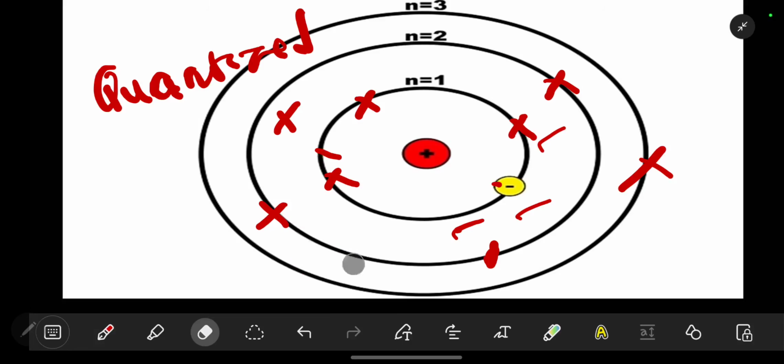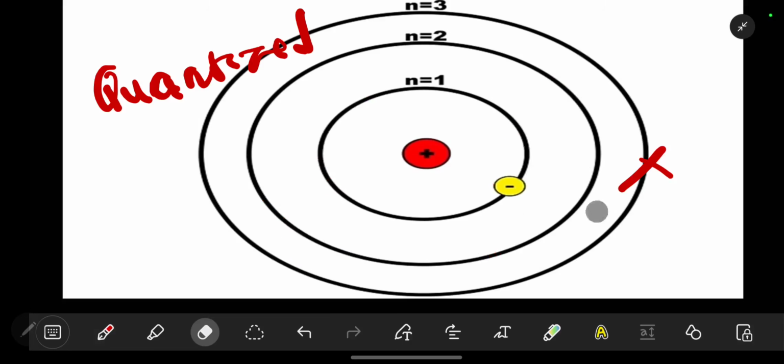So now we get to realize that according to the Bohr model, an electron will jump from one energy level to the next with respect to what is available. What is important is this.